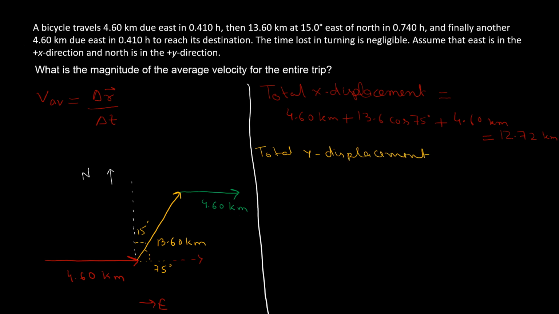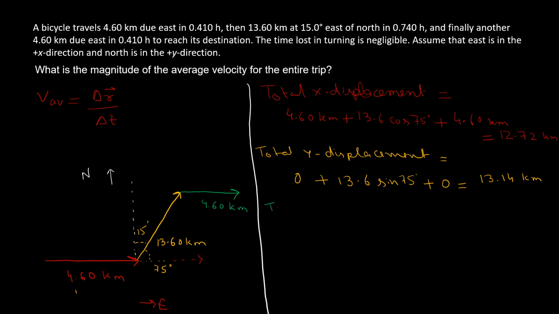For the y displacement, for the first displacement there is no y component, so it's going to be 0 plus 13.6 sine of 75°, and again for the third 4.60 kilometers there is no y component, so it's again 0. When you calculate this on your calculator, you will get 13.14 kilometers. Now we have the x component and the y component of displacement.